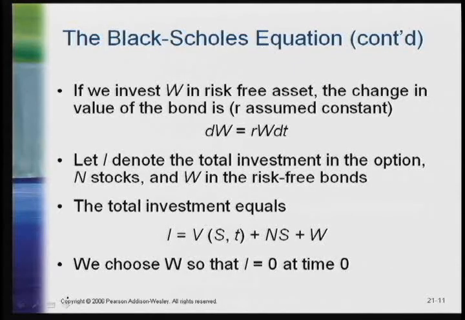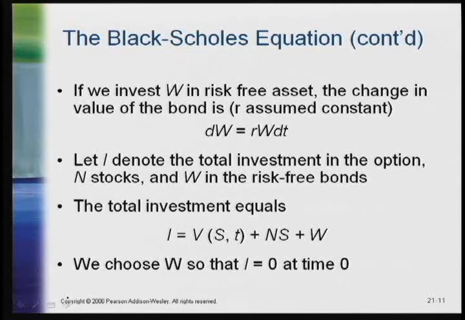This approach uses the same idea but actually includes the T-bill in the portfolio. So we're going to create a portfolio of options, stocks, and T-bills. And we want this portfolio to have two properties. Number one, it won't cost us anything at the start. And number two, we want it to be riskless. And that will be, in a sense, the replicating portfolio.